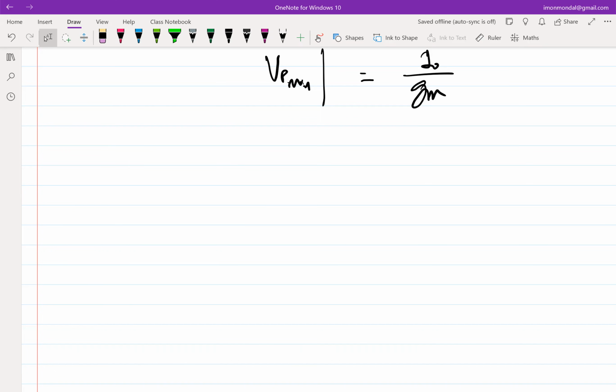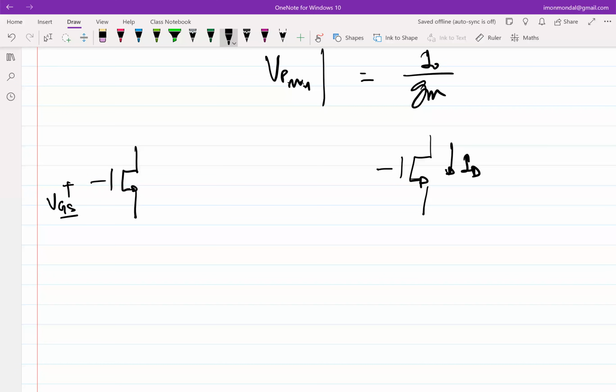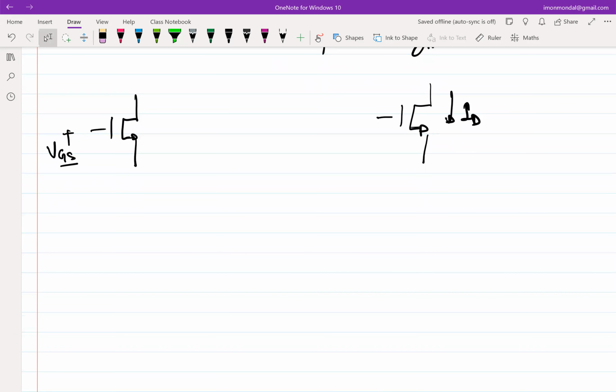If you bias a transistor with a voltage source, let's assume you have applied a constant VGS. In the other case, you have ensured that the current is constant. Fundamentally, there are two cases: one is you bias it with a constant VGS, or you bias it with a constant current. How you do it is a different matter, but fundamentally these are the two ways of biasing.